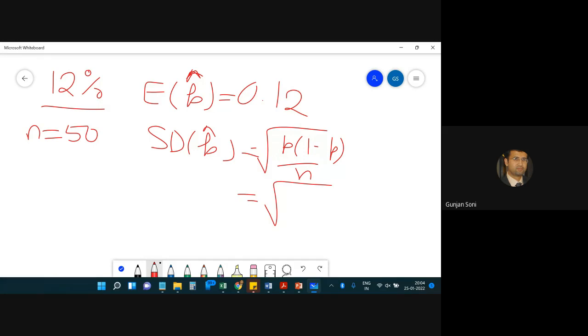What's the standard deviation? 0.045. Yes, so we get 0.045 after substituting.